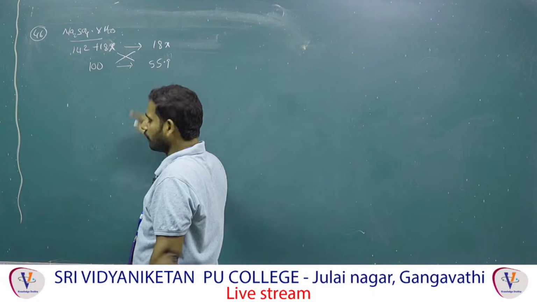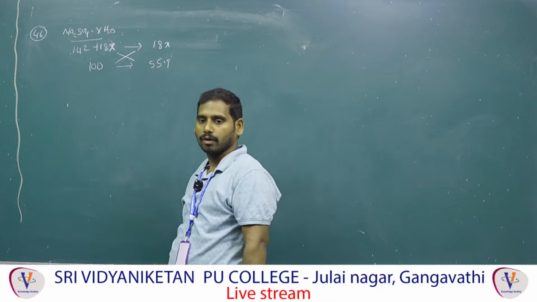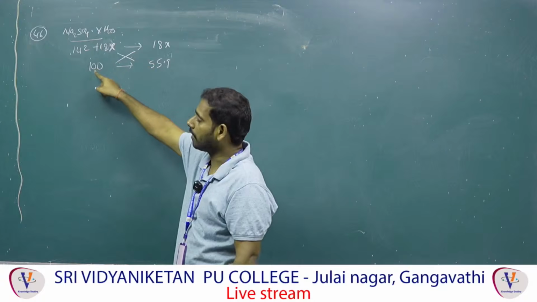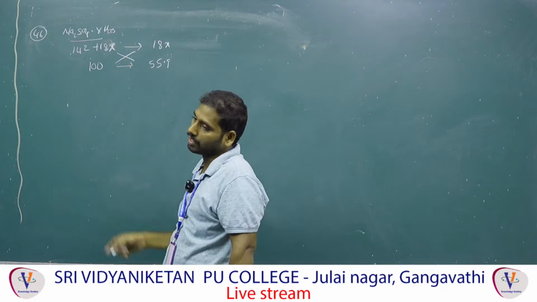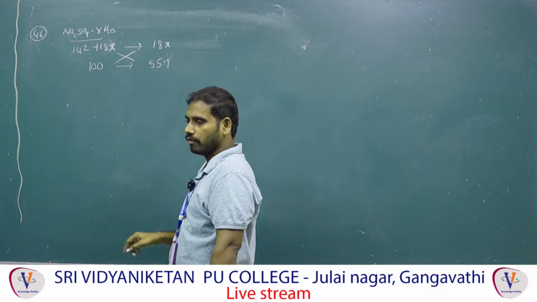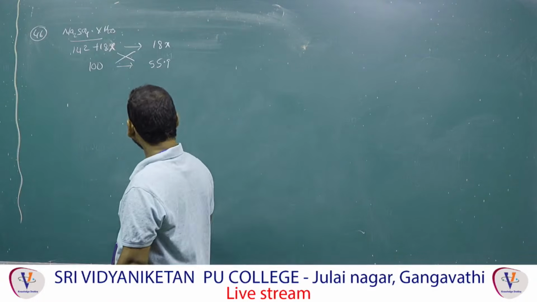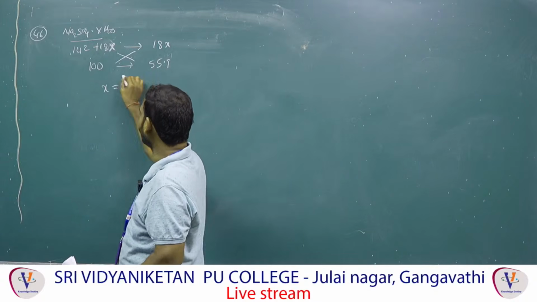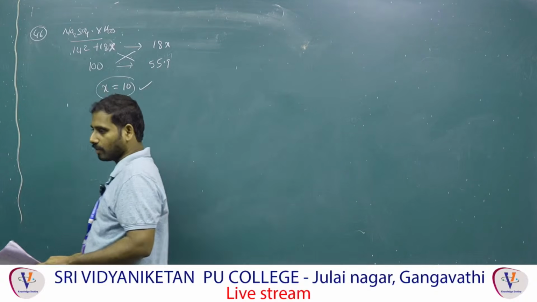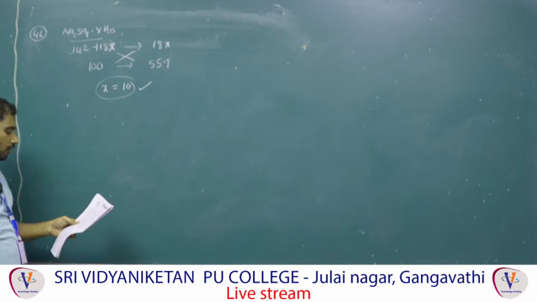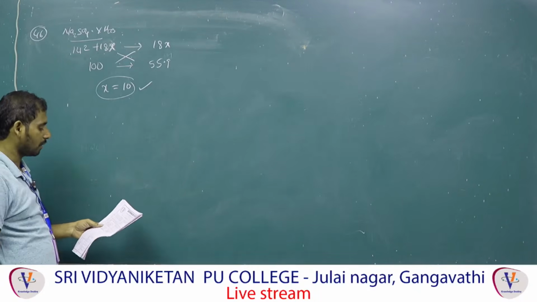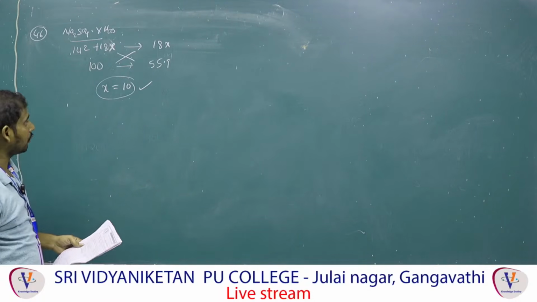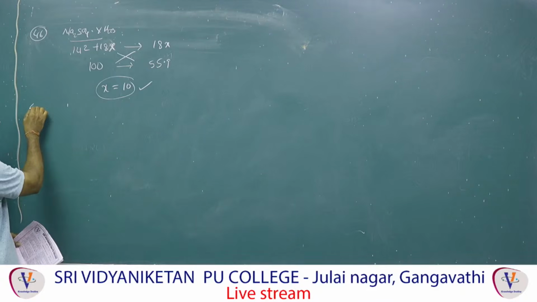They have already given 55.9%, and 55.9% means 55.9 gram in 100 gram of the given compound. So do the cross multiplication and you will get x equal to 10. That means the final compound is Na2SO4·10H2O, x equal to 10. That is the first question.